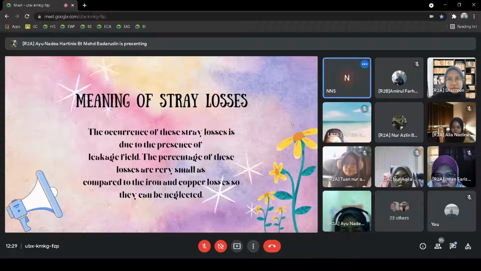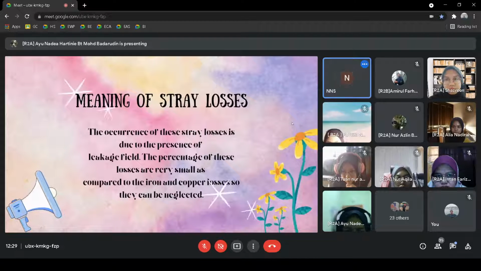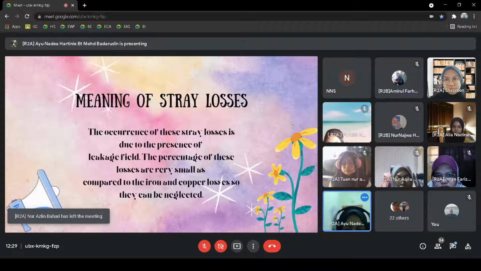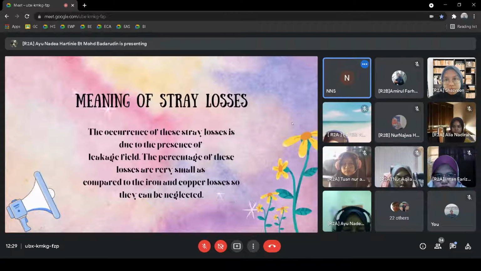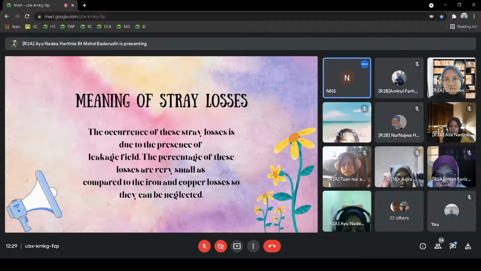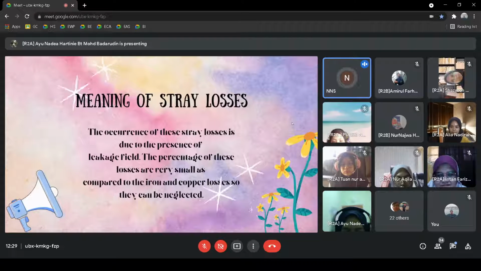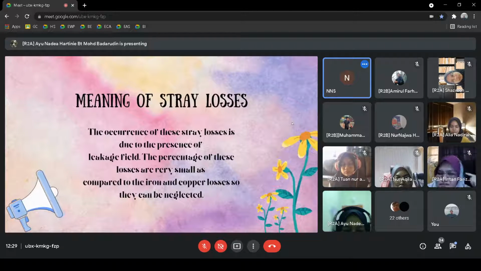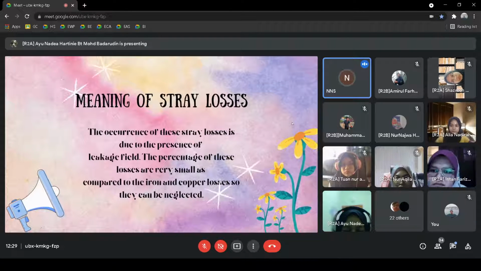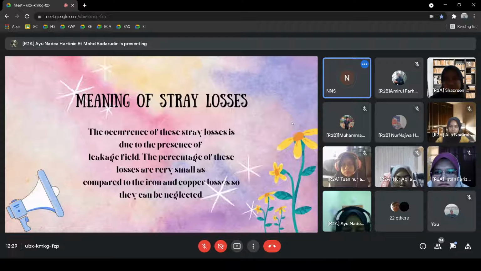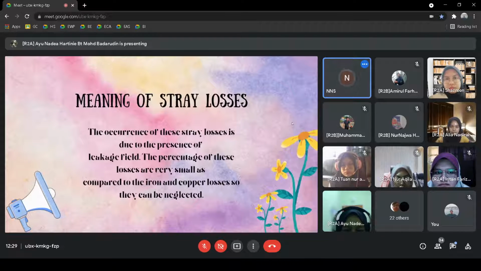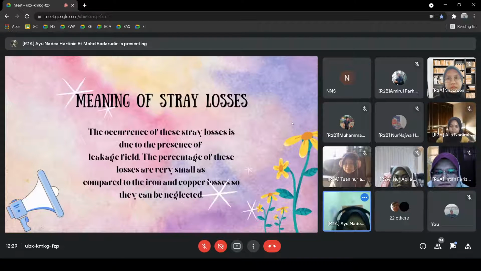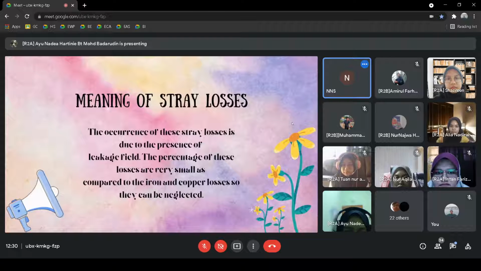Tak dengar sangat. Kamu berbisik. Siapa ni? Azlin, madam. Tak dengar, saya tak dengar. Ada siapa-siapa cakap ke? Okay, siapa-siapa yang present? Saya tak dengar. Azlin, madam. Sebab ada yang mesej saya yang kata tak ada tadi tu. Siapa ya?